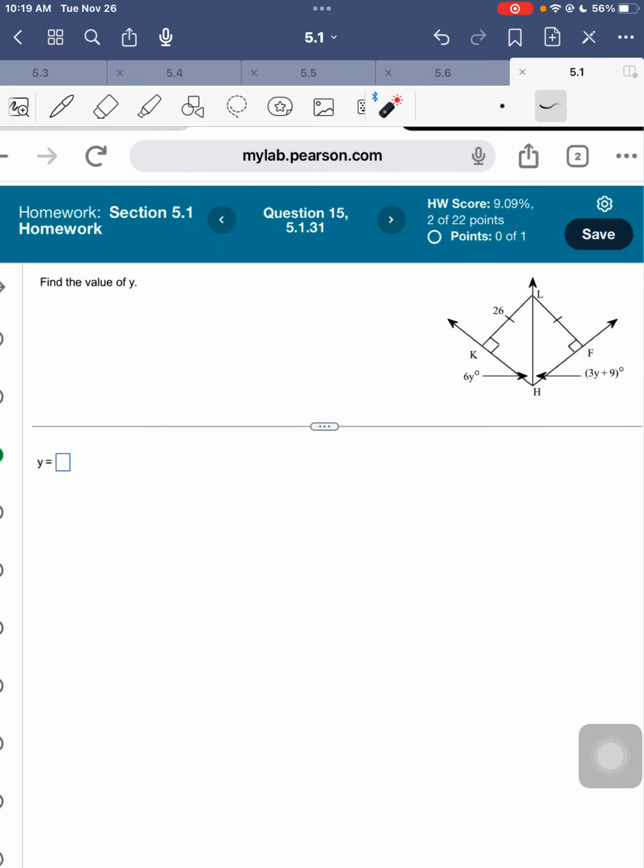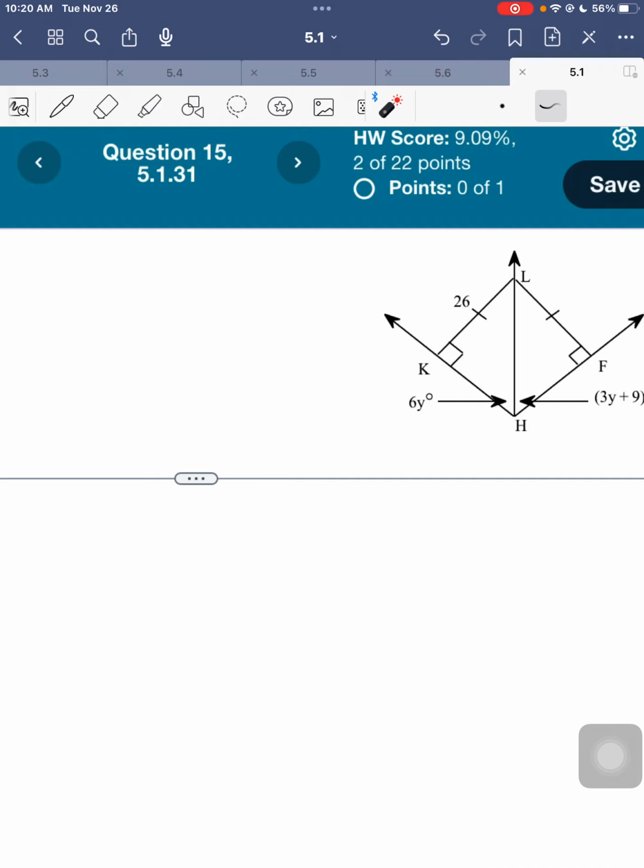Well, what do I know about this figure right here? I have this angle KHF being intersected, but is it an angle bisector? Do I have an arc here and an arc here? Can I make the claim that these two are congruent? Well, let's take a look at the figure again.